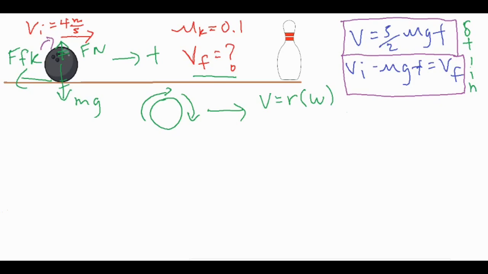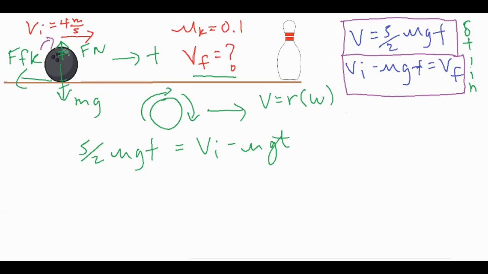So we already used this formula a little bit earlier to get our 5/2 mu GT. And now we can set the 5/2 mu GT equal to VI minus mu GT.